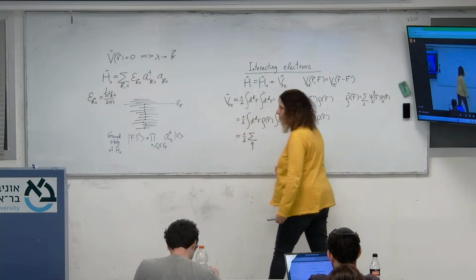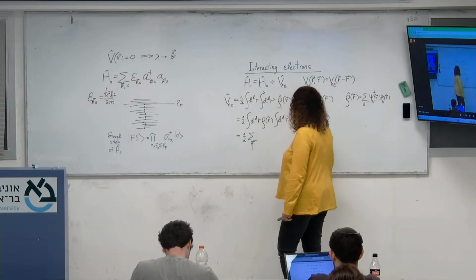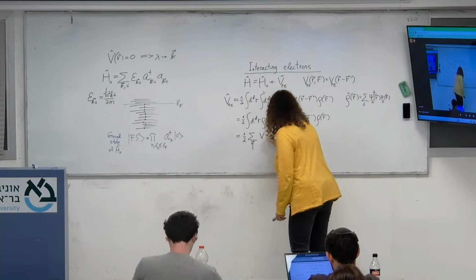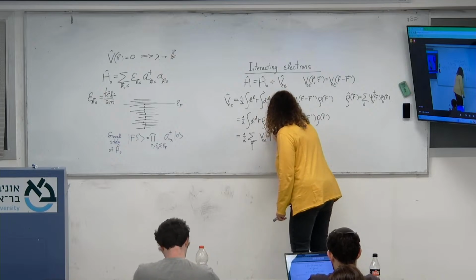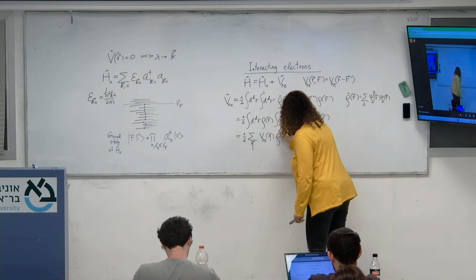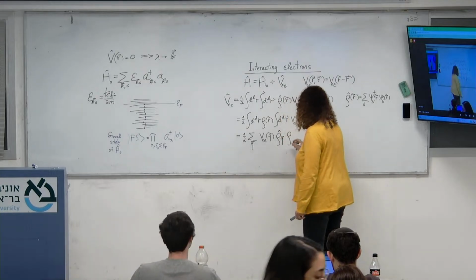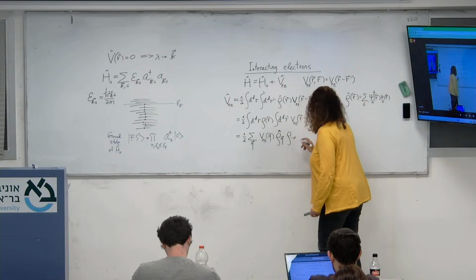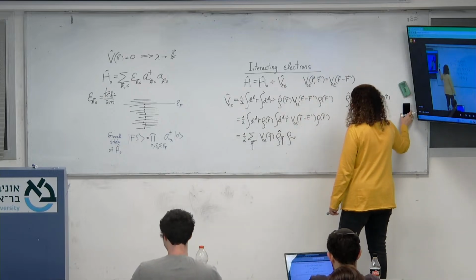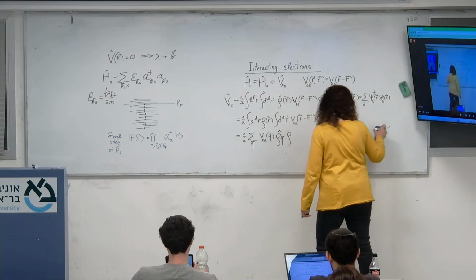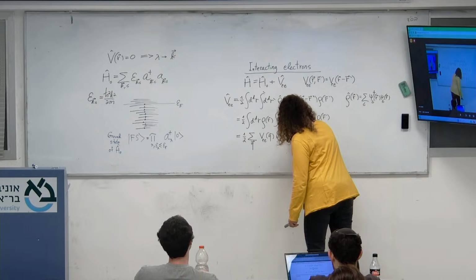So sum over Q vector of, let me leave here the V of Q, I'll define it in a minute, and then we have rho Q. Let me write it like this.